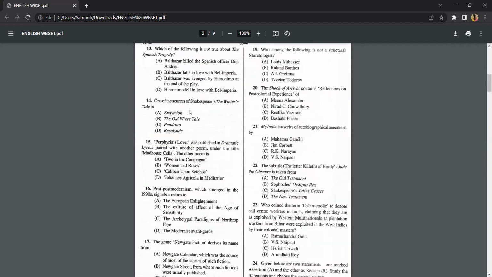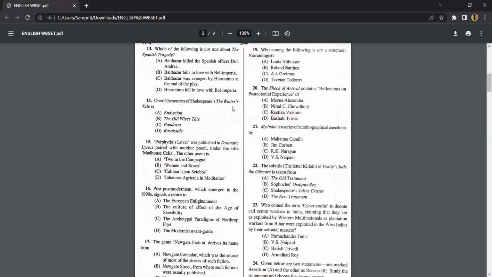14. One of the sources of Shakespeare's The Winter's Tale is... you can see most questions are asked from the pre-Shakespearean era rather than directly from Shakespeare. That's why in my notes also I have focused on that.